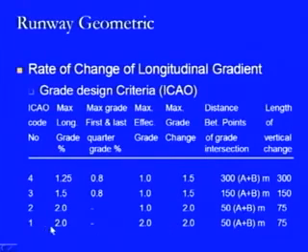In the case of category 1, these grades are the same, that is 2%, whereas the distance remains 50 times A plus B, and 75 is the length of the vertical change provided at any one location.